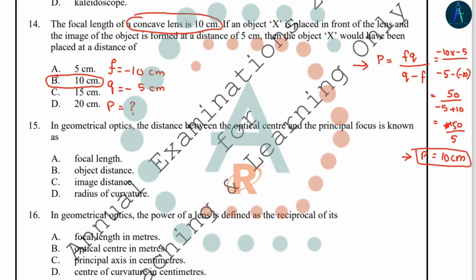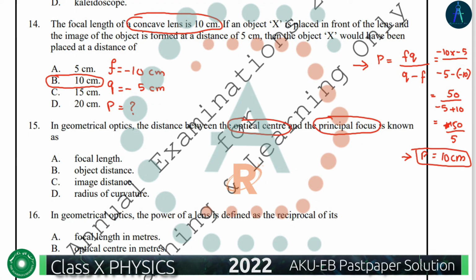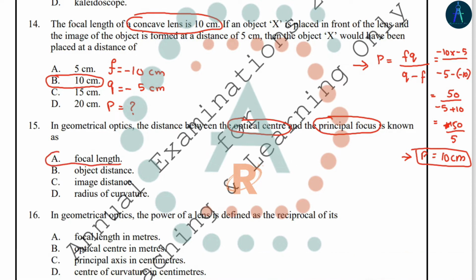In geometrical optics, the distance between the optical center and the principal focus, the distance between these 2 points, is the length of the focal length of this lens or the mirror. So this is the definition of focal length.